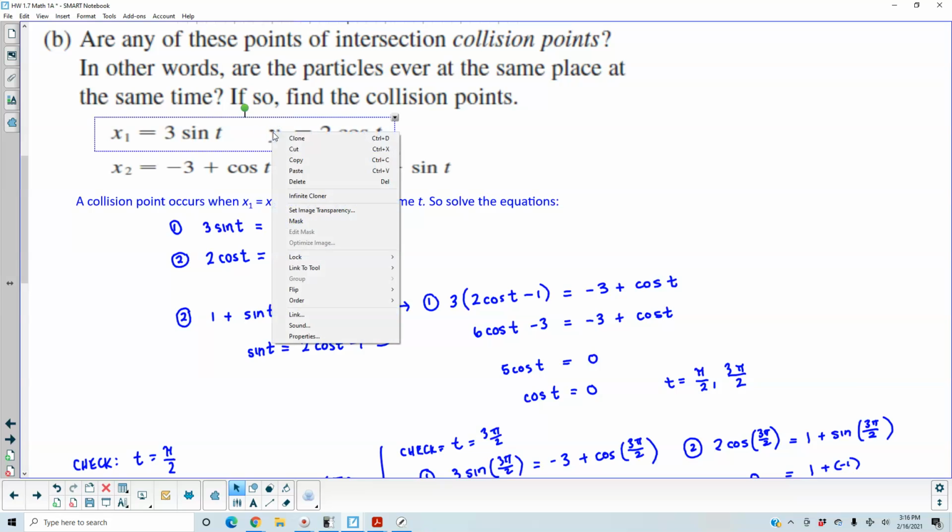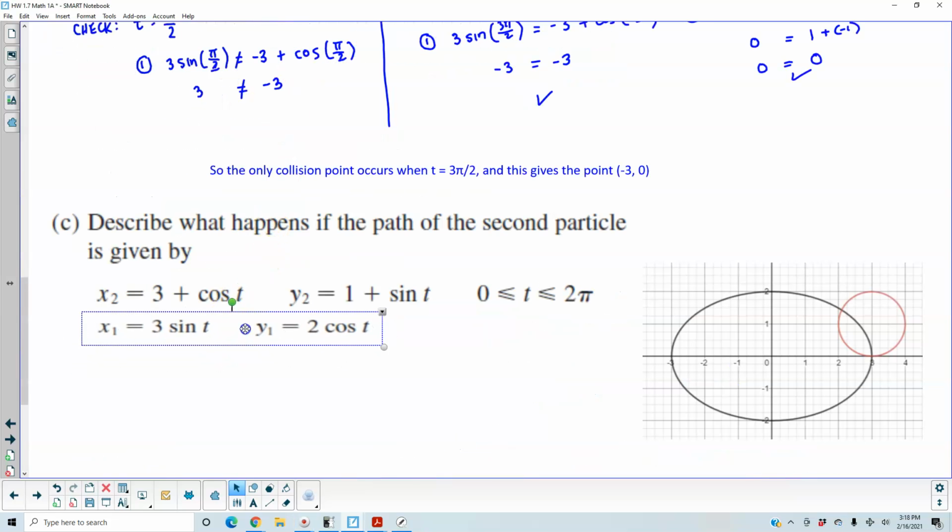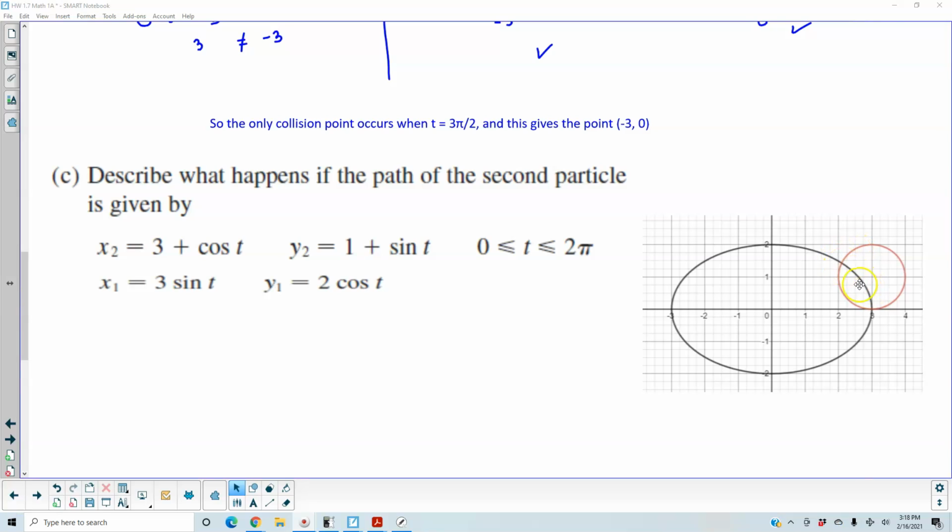And then we got to use these equations. So here are our equations, and we're going to do the same thing we did in the previous step. And so we can see that there are 2 intersecting points.